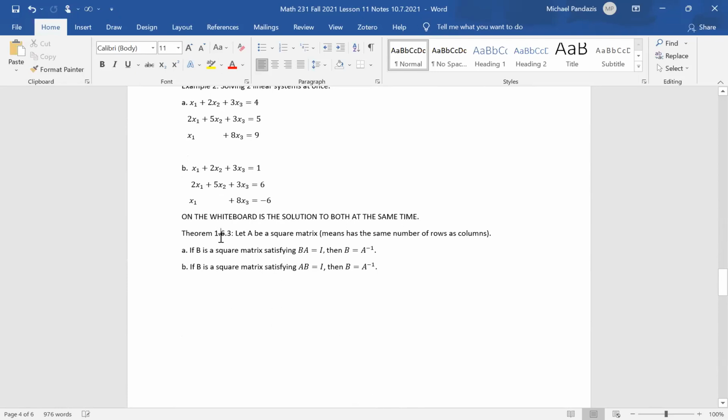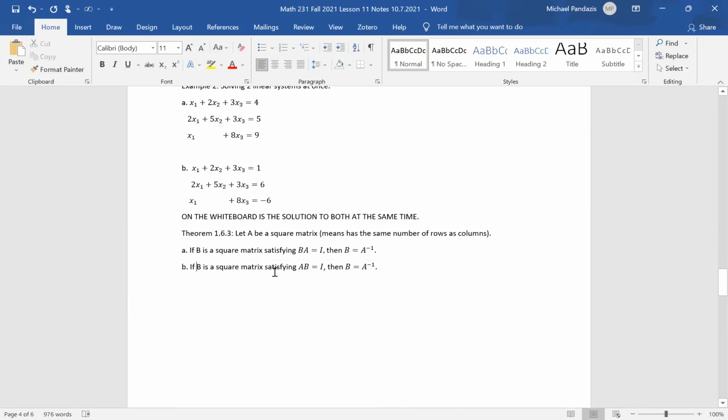By theorem 1.6.3, let A be a square matrix. If B is a square matrix satisfying AB equals I, then B equals A inverse. So by part B of this theorem, we don't have to show both sides. Because we found another square matrix B such that A times B gives I, that matrix is the inverse.